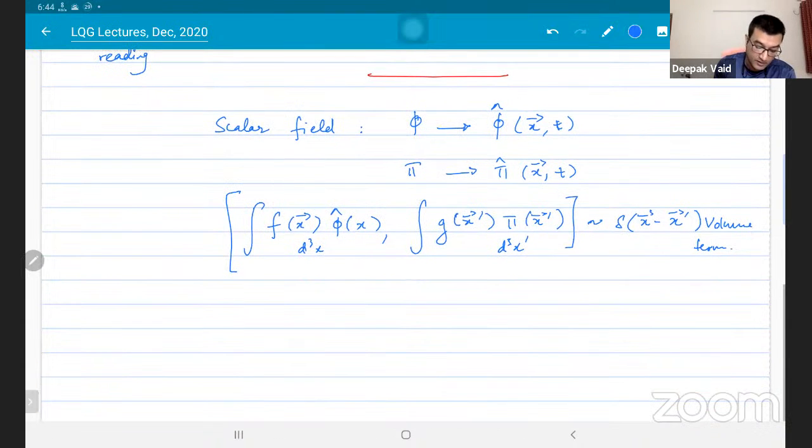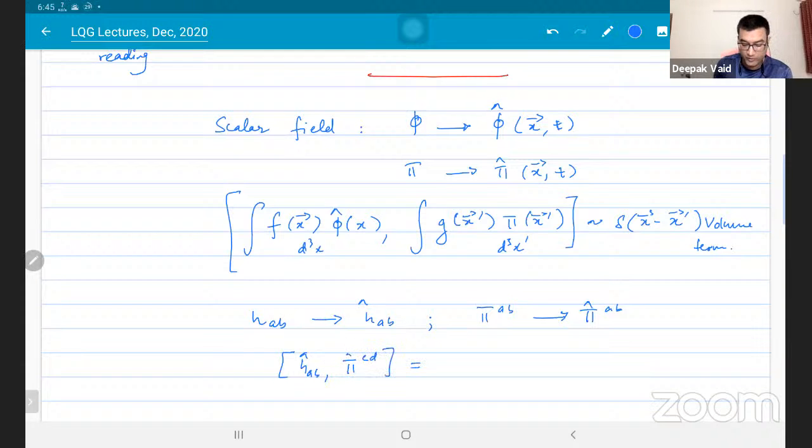Okay, and a similar technique is applied for the quantization of symmetric. You take these to be some operators, you impose your commutation relation. Again, the commutation relation has to be suitably smeared. I'm not doing all of that. So on.